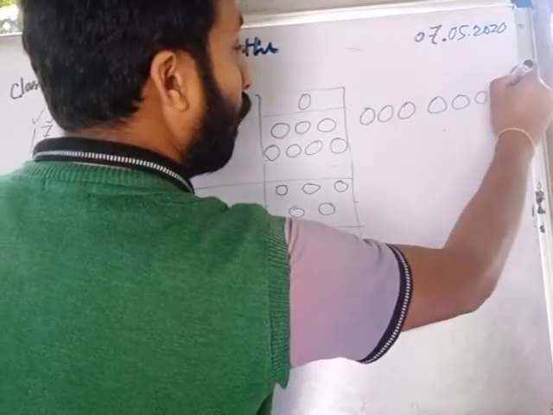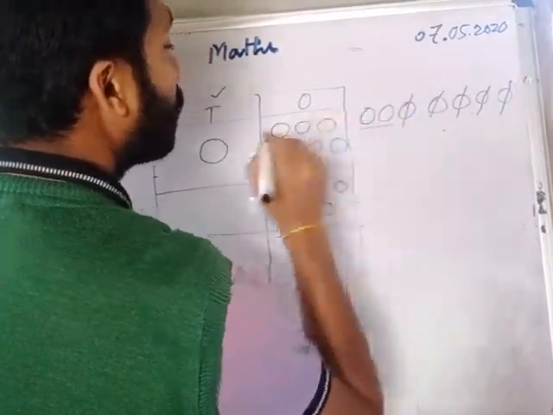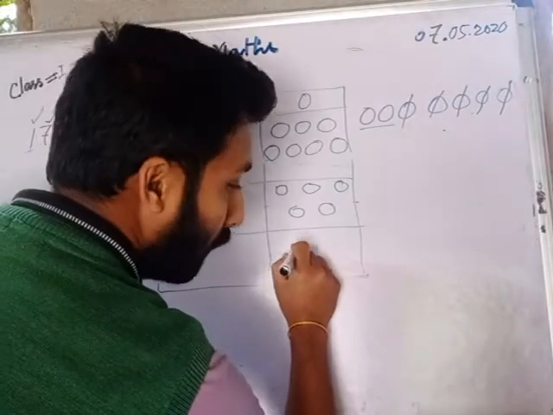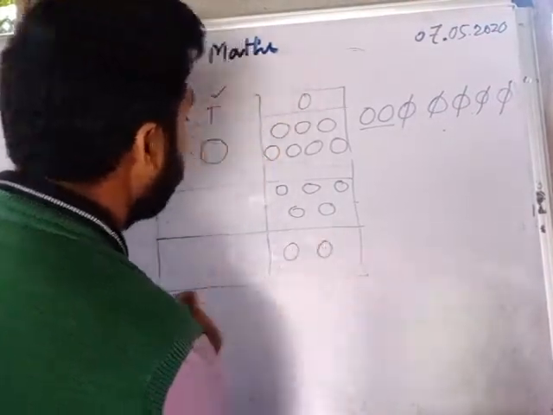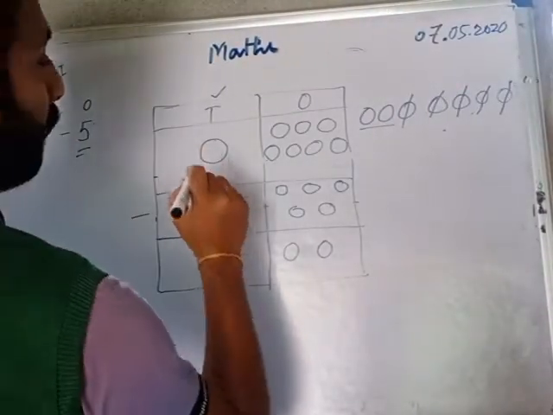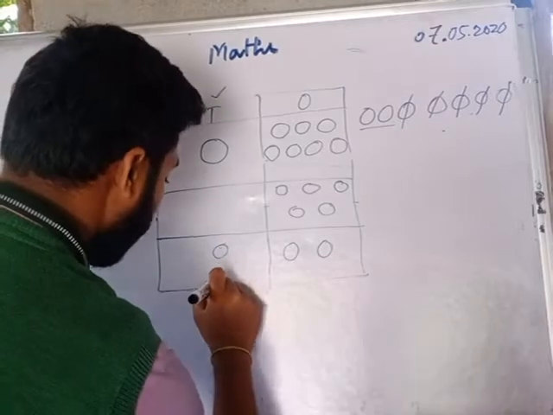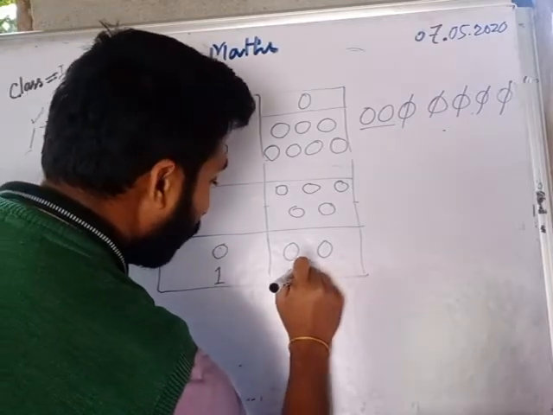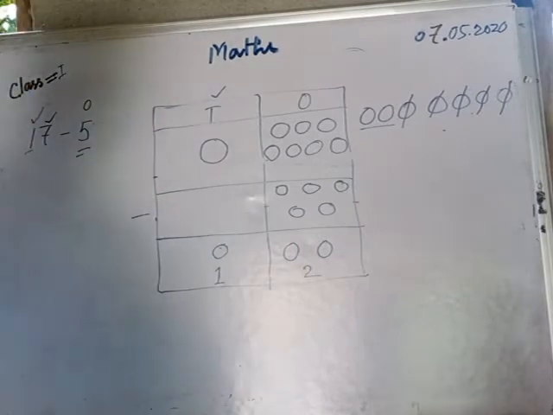Subtract 5. 1, 2, 3, 4, 5. That means 2 left. So we should write here 2. And 1 ten, that means 1 stays. So we should write here 1. We should write here 2. That is 12. Okay.